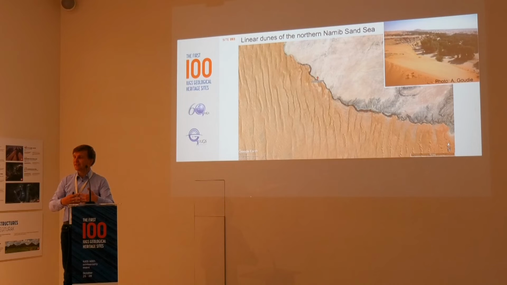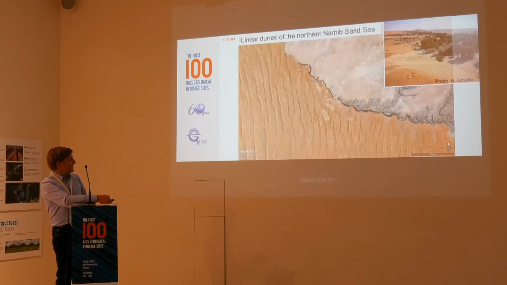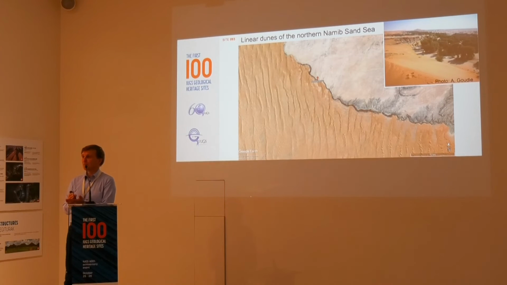The linear dunes very abruptly end at the northern edge of the Namib Sand Sea, which is also a fascinating geomorphic or topographic feature here. The channel of the ephemeral Kuiseb River makes this very sharp boundary. It flows very episodically, but apparently sufficiently frequently to evacuate all the sand which moves towards the north, towards the Atlantic Ocean.